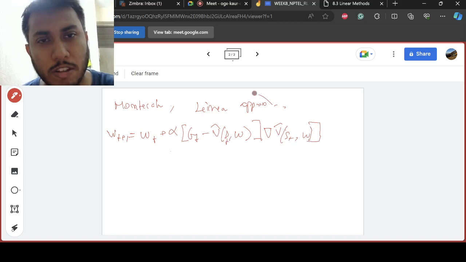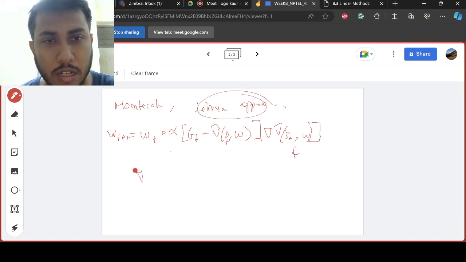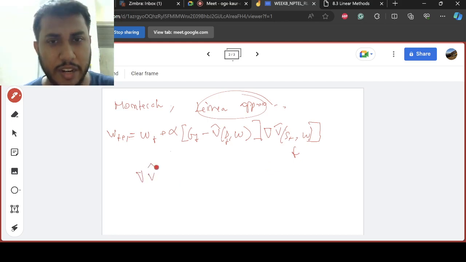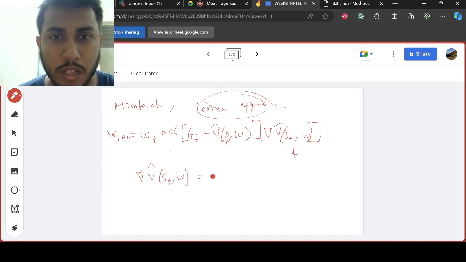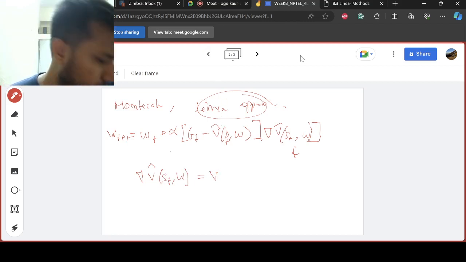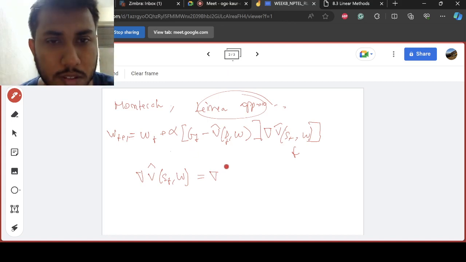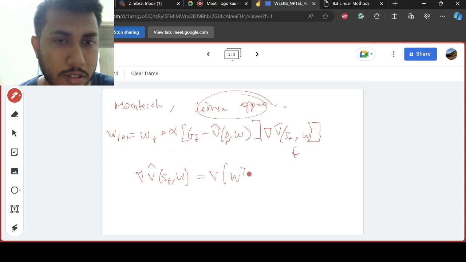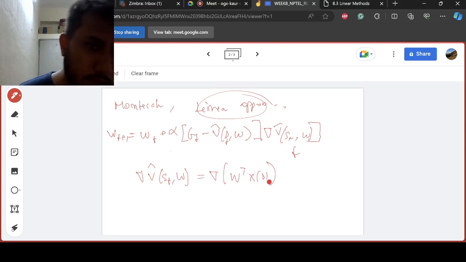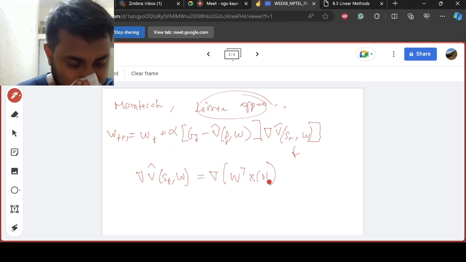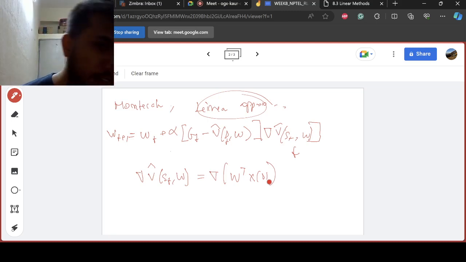So in case of linear approximation, what will this value be? It is your gradient of V hat(S_t, W). What will it be? It will be a gradient on W transpose X, right?